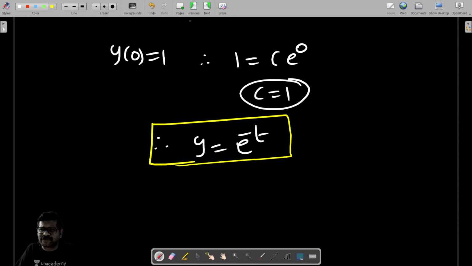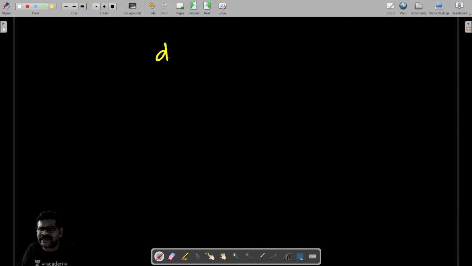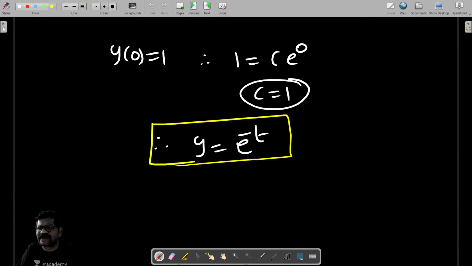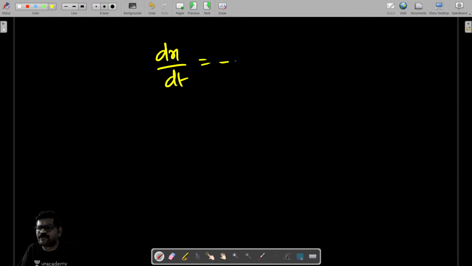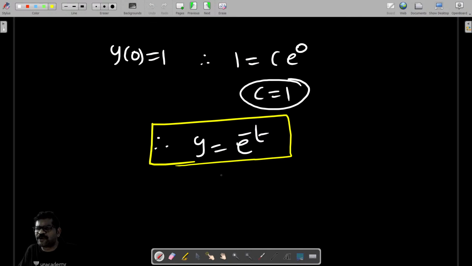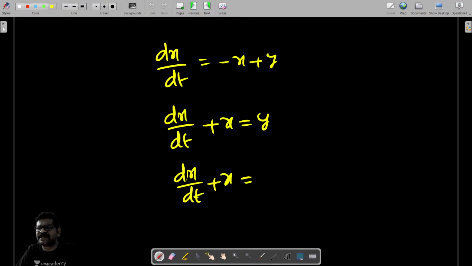Next, another differential equation is provided: dx by dt equal to minus x plus y, that is dx by dt plus x equal to y. Here y is nothing but what you have just calculated, e power minus t, called equation 2.